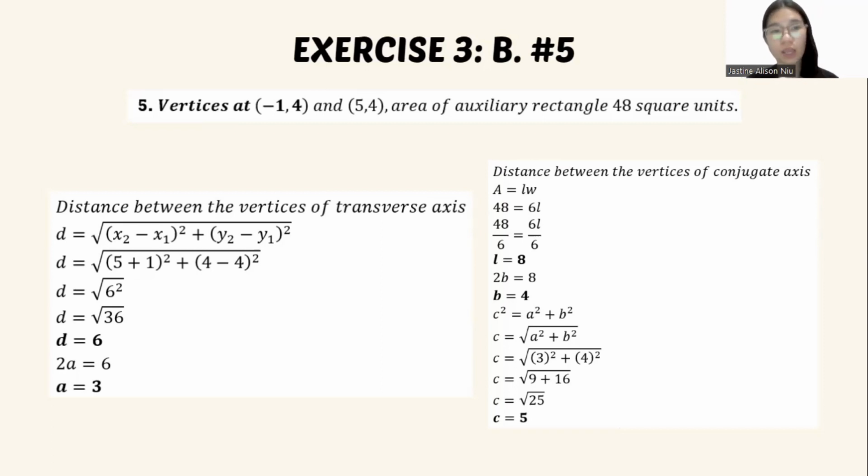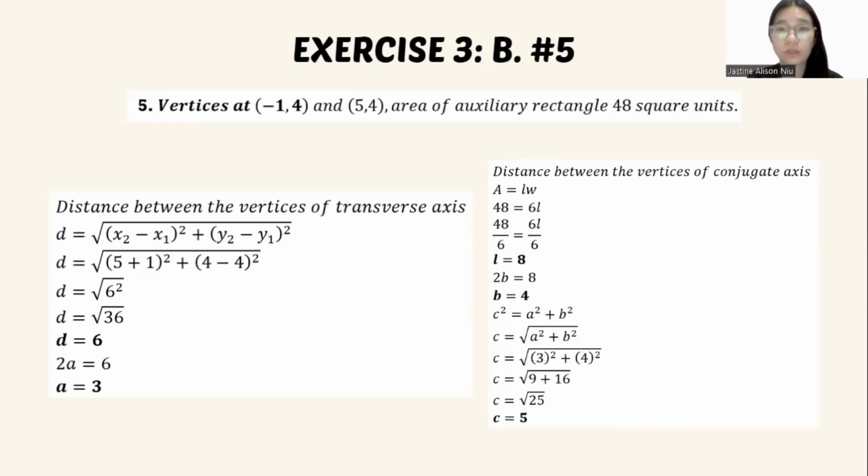To find letter A, we will use 2A equals 6. So letter A is equal to 3. Next, we will find the distance between the vertices of the conjugate axis. Using the formula of area, the area is length times width.